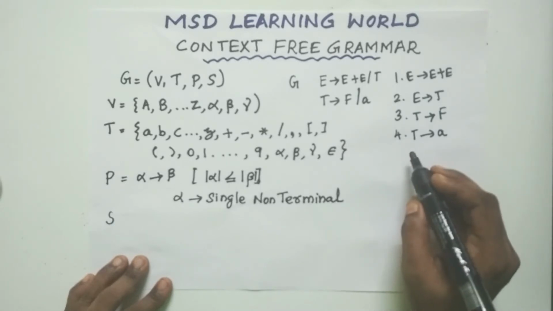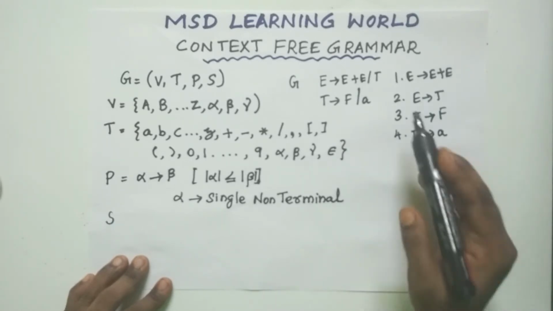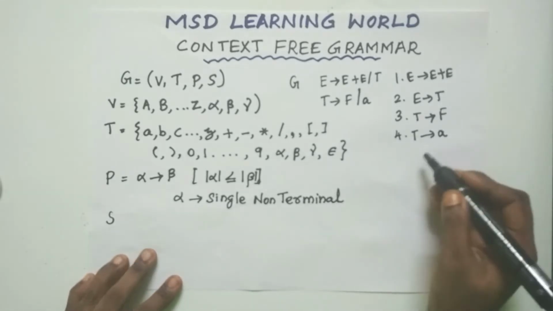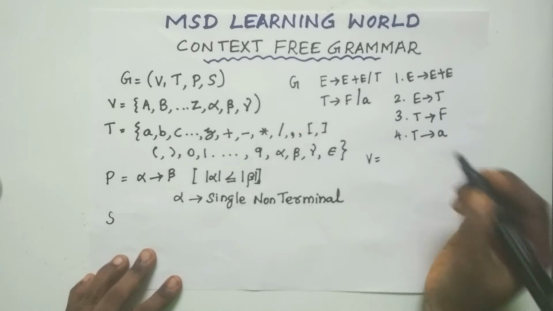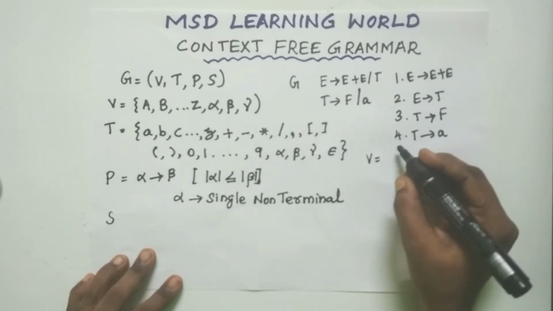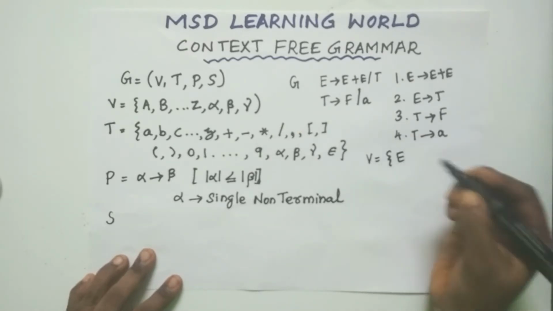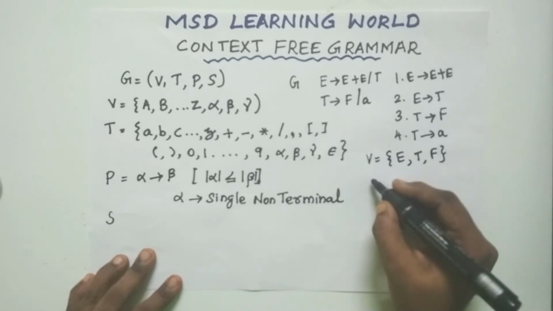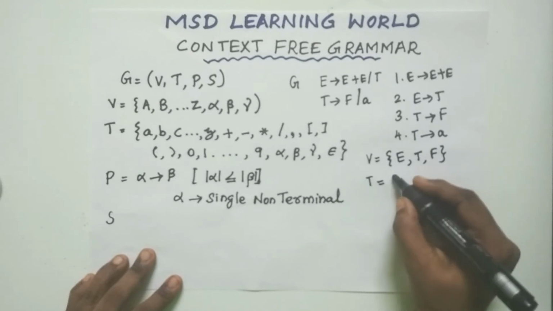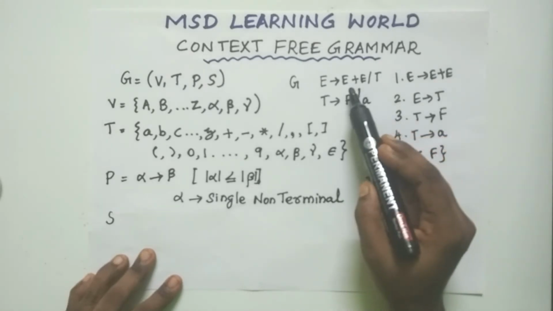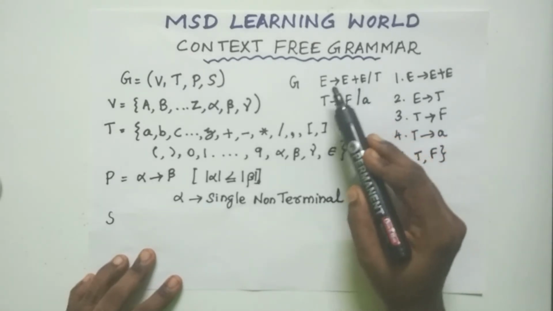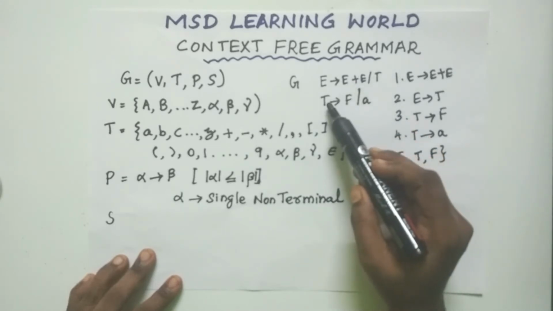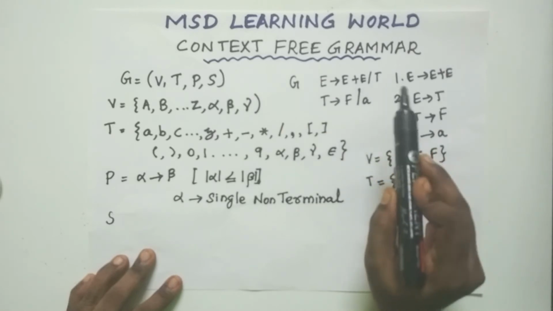And a grammar consists of four components, and here the grammar has four productions also. According to this grammar, all the variables will be in capital letters, so the variables of this grammar are capital E, capital T and capital F. And the terminals: you have to look for the terminals on the right hand side of the production, because in a context-free grammar the left hand side of the production, alpha, will always be a non-terminal.